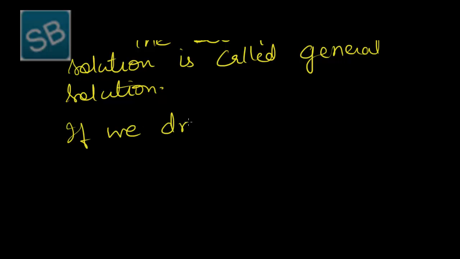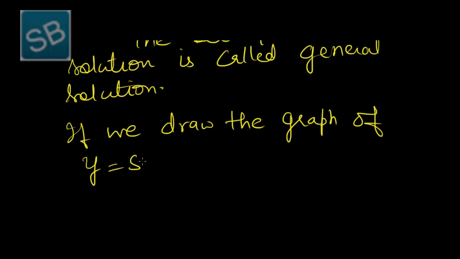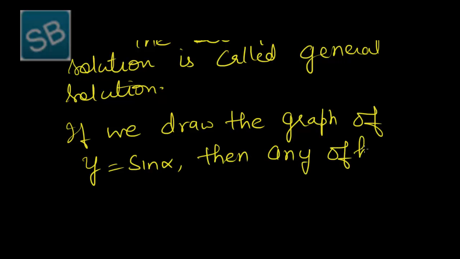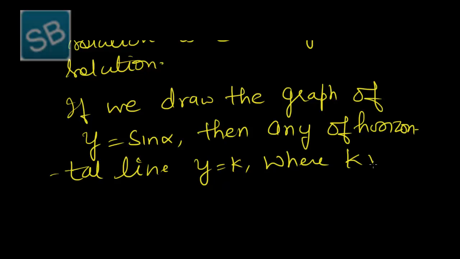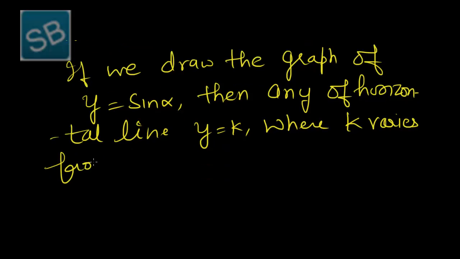If we draw the graph of y is equal to sine alpha, then any of the horizontal lines y is equal to k, where k varies from -1 to 1.